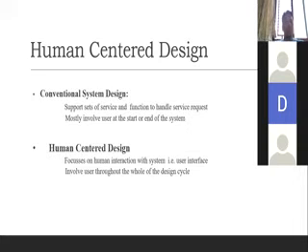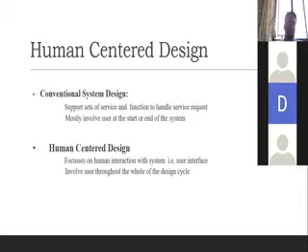Now, in contrast to this, the human-centered design, which is also called the user-centered design, focuses on human interaction with the user interface. So for many users, the user interface represents the product.